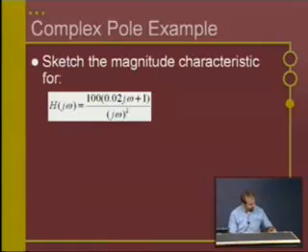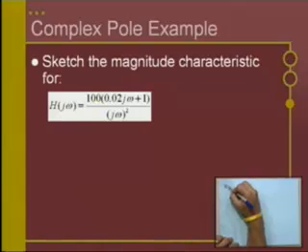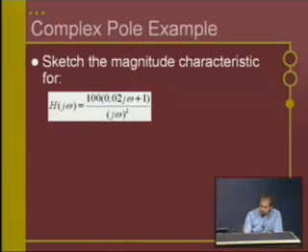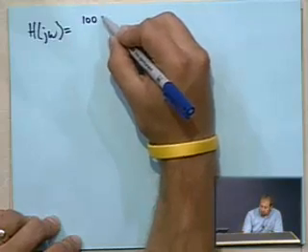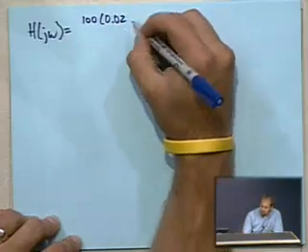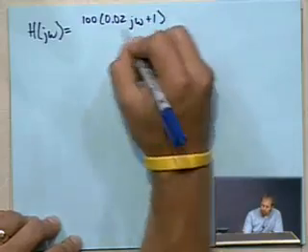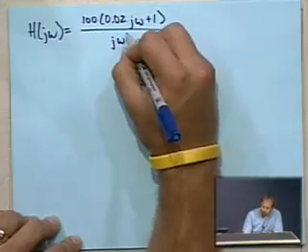Boy, there's just not a lot of information on this slide. The magnitude characteristic that we're interested in here is H of j omega equals 100 times (0.02 j omega plus 1) over (j omega) squared.